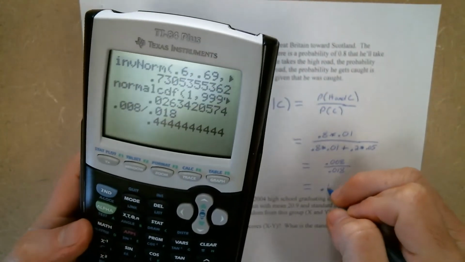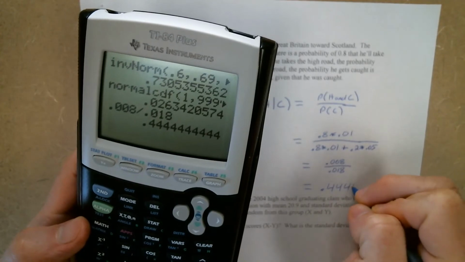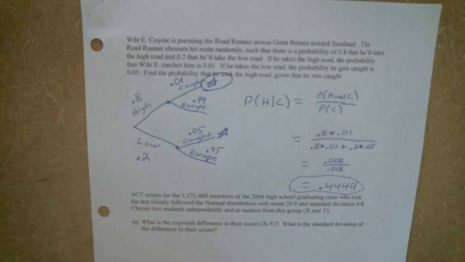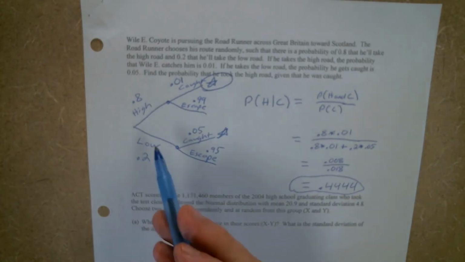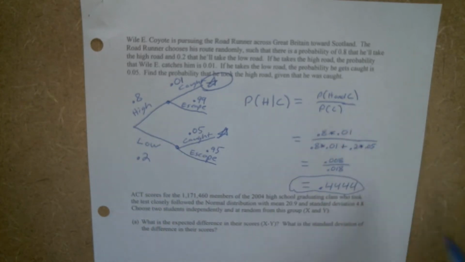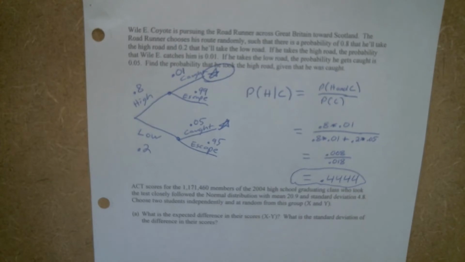So 0.4444. All right, so that would be our final answer there. And of course, you could always write that as 44.44% if you wanted to. All right, but again, making a tree, using that tree to help analyze a conditional probability, and then plugging things in where they belong.